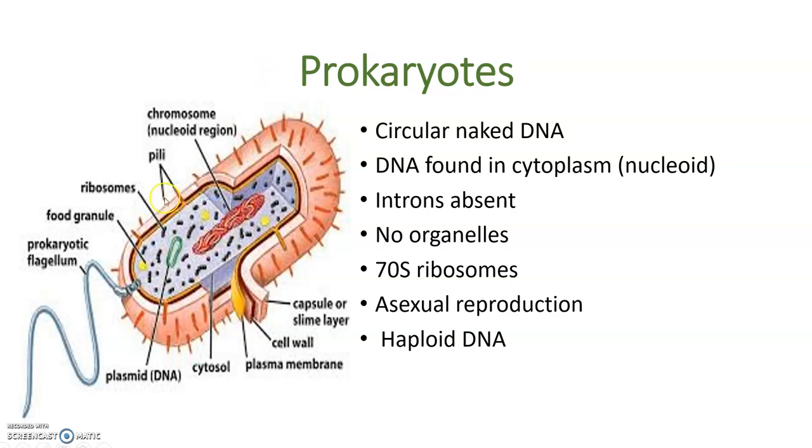In that case, we can see this is the plasma membrane, and it may fold inwards as infoldings. Such infoldings can be seen in cyanobacteria. These membrane folds contain the bacterial pigments connected with photosynthesis.